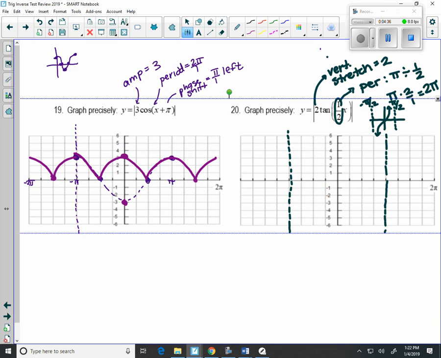We don't have any movements up or down. We're still centered here at 0. And instead of going halfway in between our 0 and our asymptote and going up 1, we have a vertical stretch by 2, so we're going to go over 1, up 2.